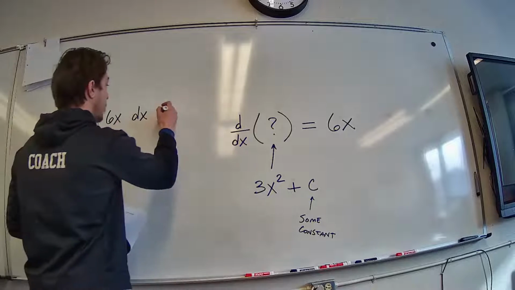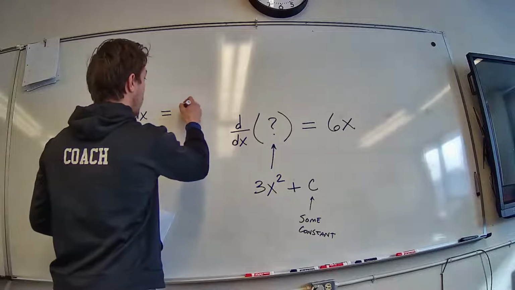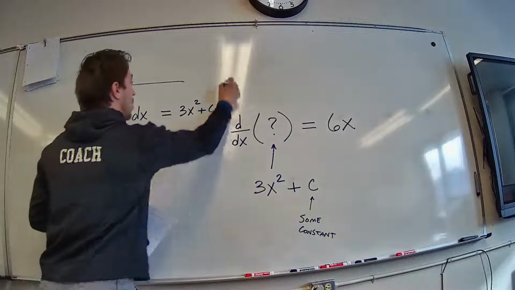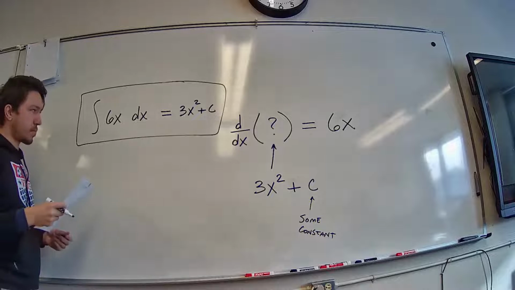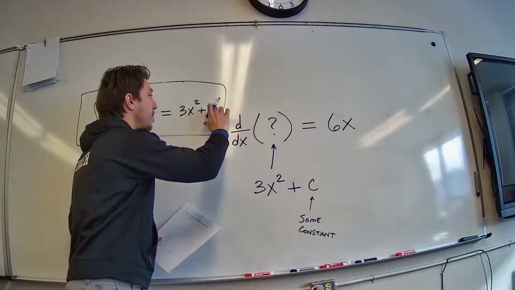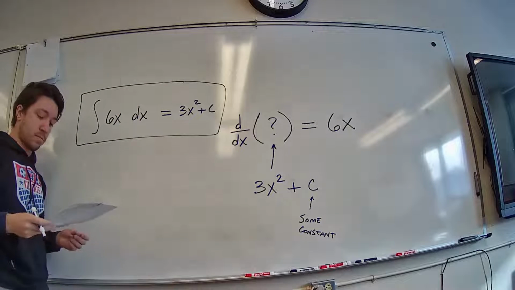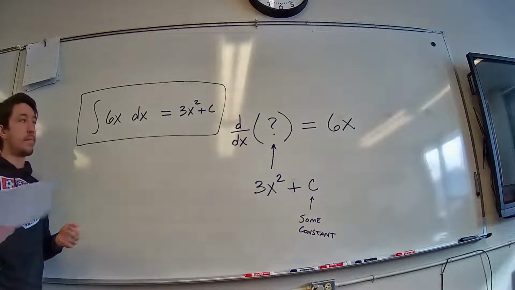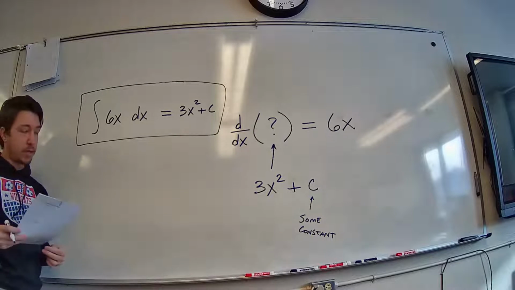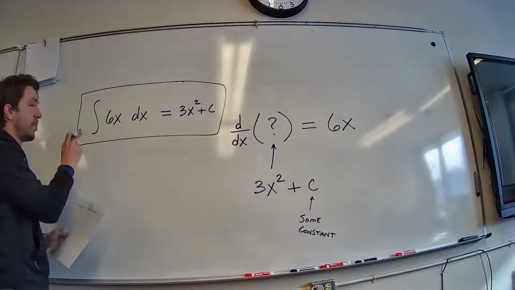So the answer to this then is 3x squared plus a constant. All right, so C looked a little funky. How do you feel about that? Make sense?